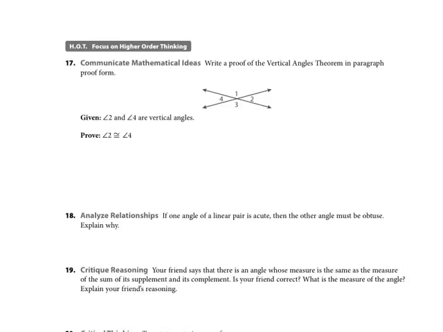They want you to write a proof of the vertical angles theorem in paragraph proof form. Now, it is important to build yourself a plan. And you must also remember that since you are trying to prove the vertical angles theorem, you will not be allowed to use this theorem during your proof. So this theorem will not be allowed.